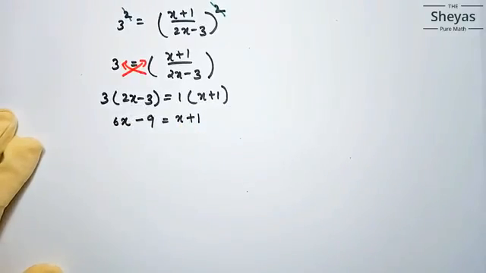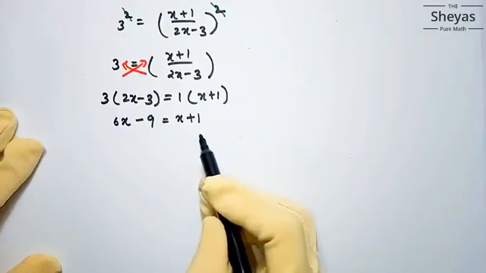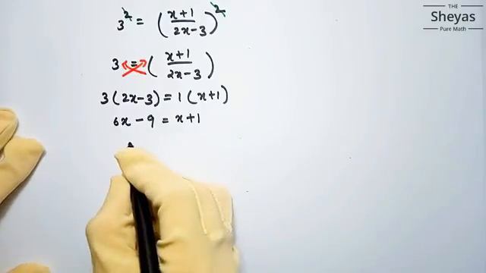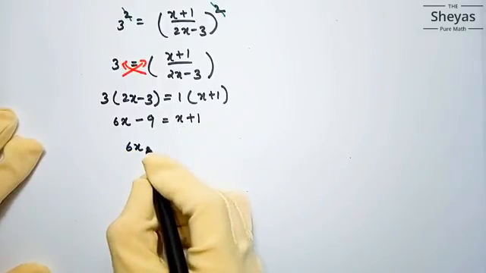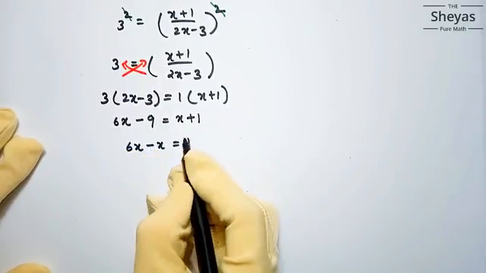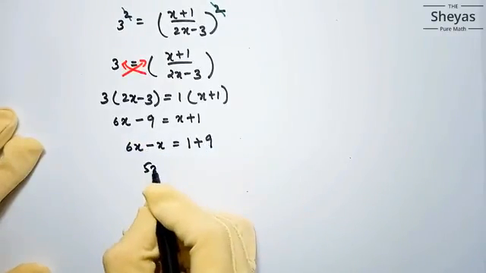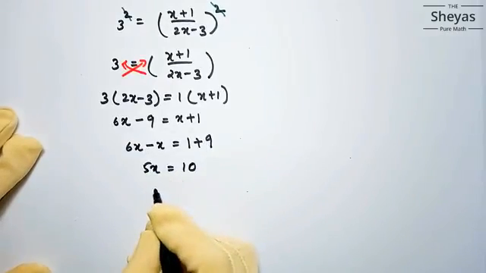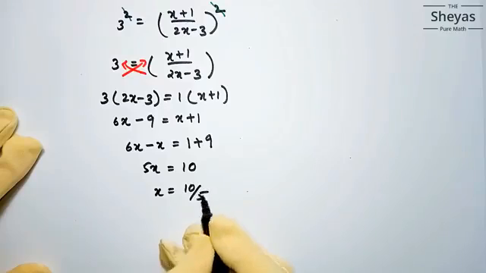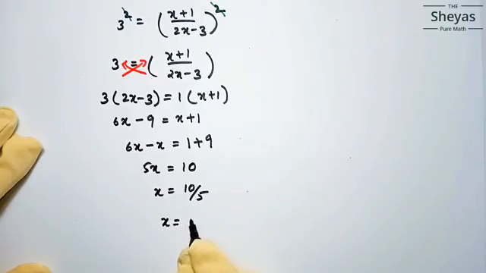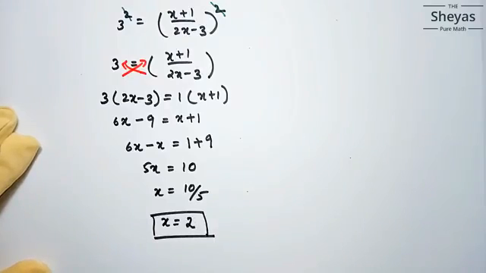So 6x, this x I am taking to the other side, minus x. We'll keep this 1 as such, and this minus 9 I am bringing to the other side. So here it will be 5x and here it is 10. So x is equal to 10 by 5, x is equal to 2. So x is equal to 2 is the required answer.